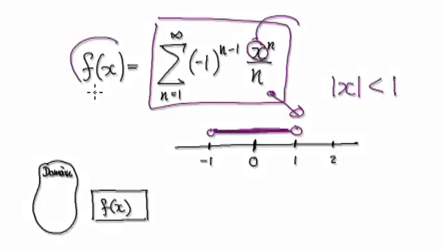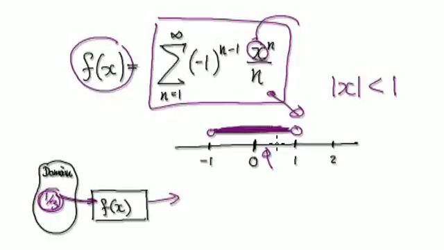So what that means for the domain is that if you select any number in this interval, let's say a third, and put it into this machine, because a function is like a machine, you put in an input and it will spit out a value, because this series will converge.